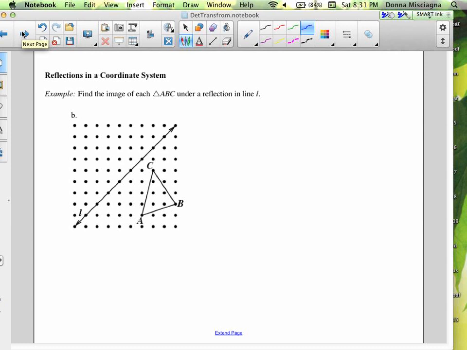All right, so here we have a diagonal line. Now we can use properties of reflections.